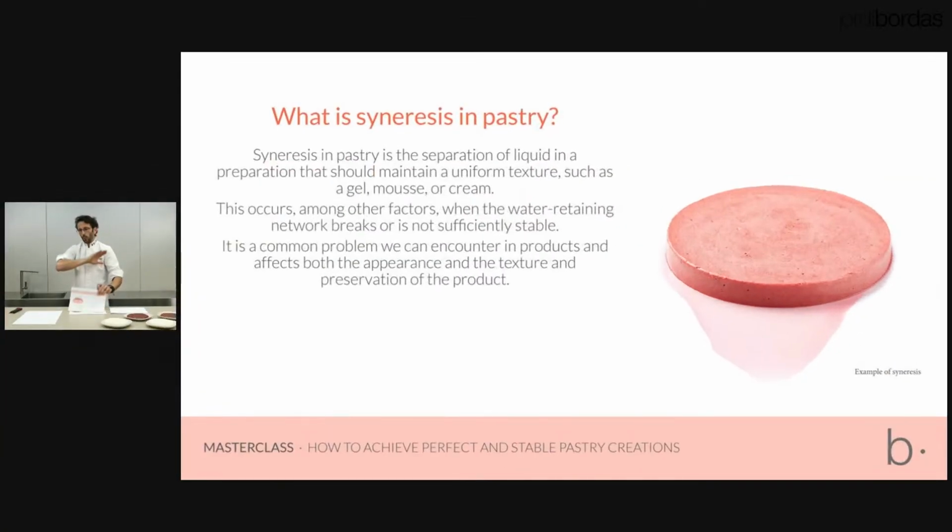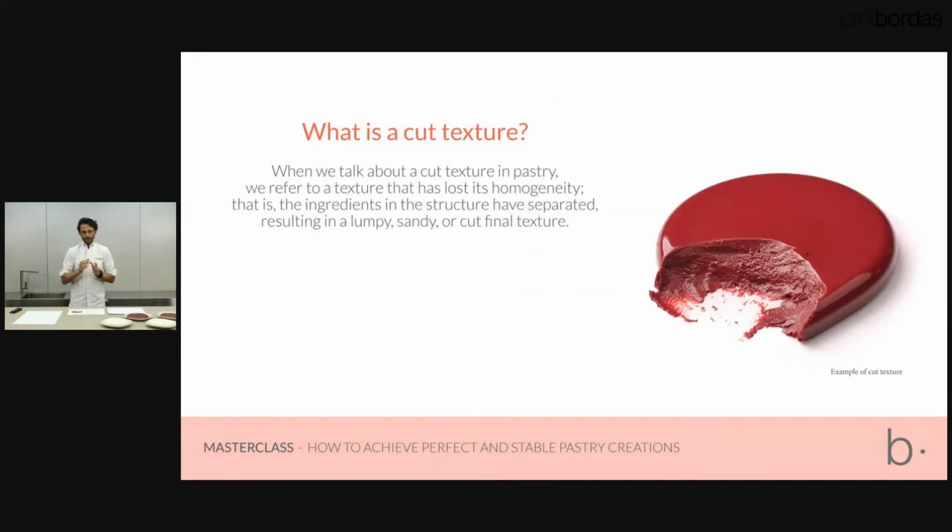So syneresis, water leaking out, happens in any kind of creamy textures, compotes, gel textures, mousses, aerated textures, in any kind of pastry recipe that you can use. Then we have a split, or cut, texture, which we see a lot of times in classic recipes. With a spoon, we try to get a little bit of creamy texture, and we can see that the texture is not completely fine and creamy, it has a small split.